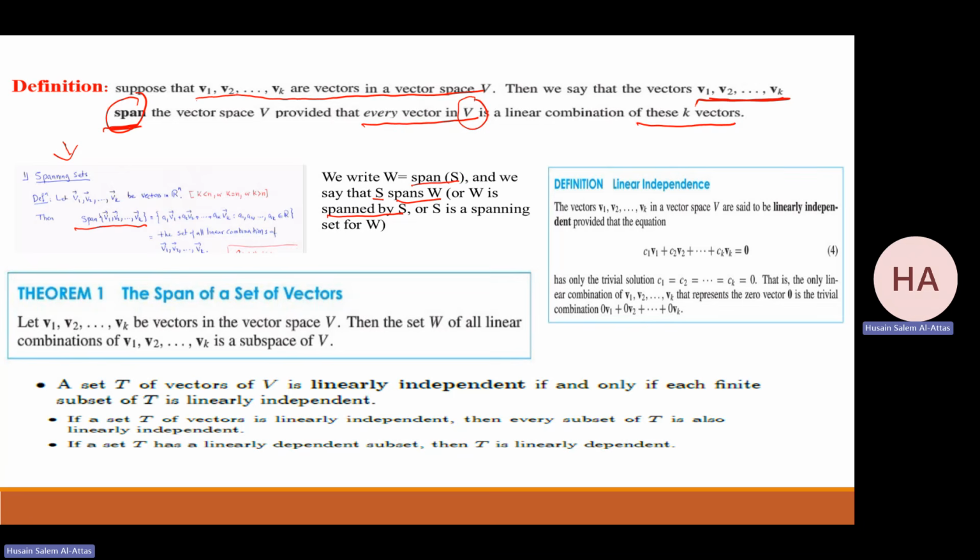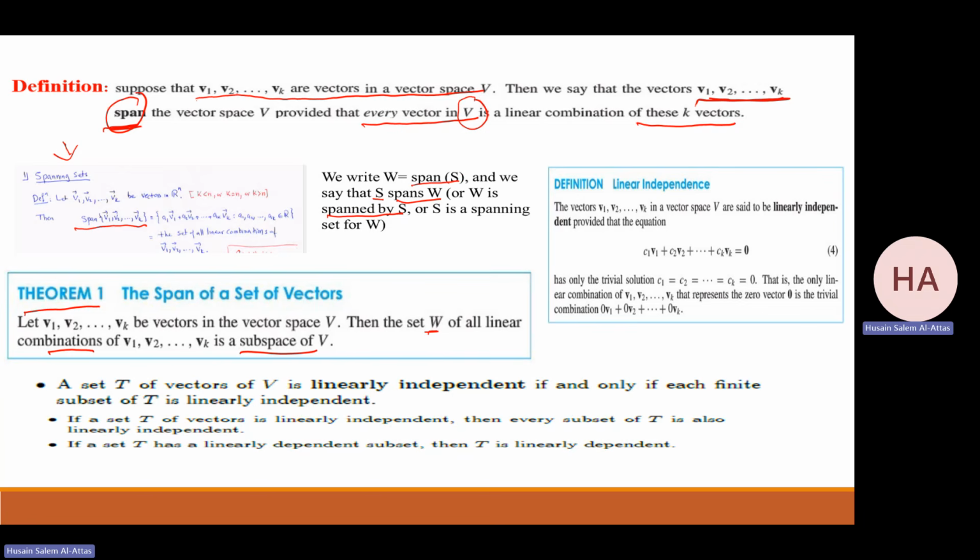Okay, we have this theorem, which says: if I have vectors V1 up to Vk, then the set W of all linear combinations is a subspace. If I make the set of all linear combinations of V1, V2 up to Vk, then this set will be a subspace.